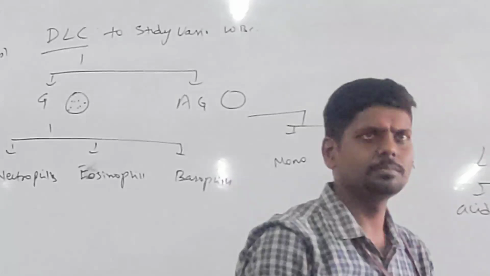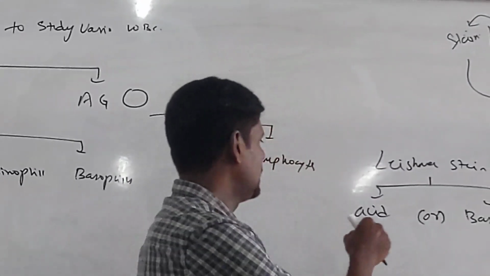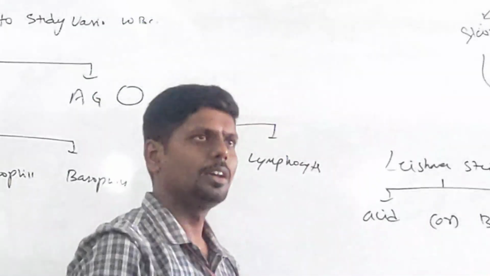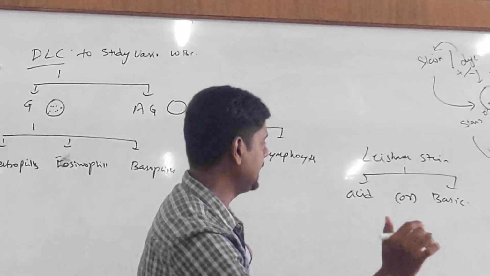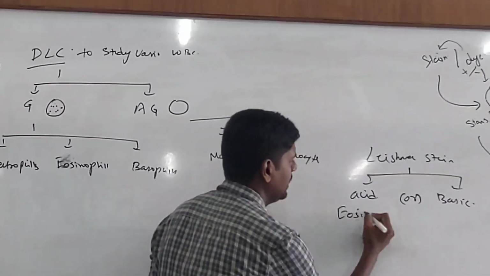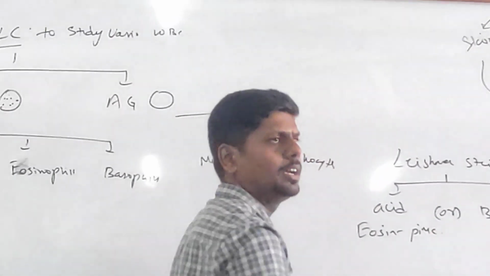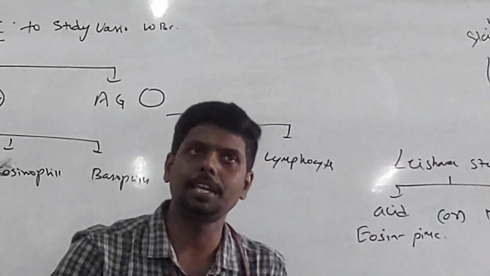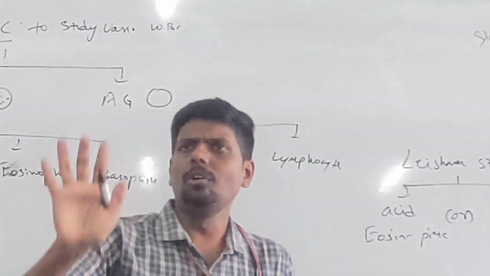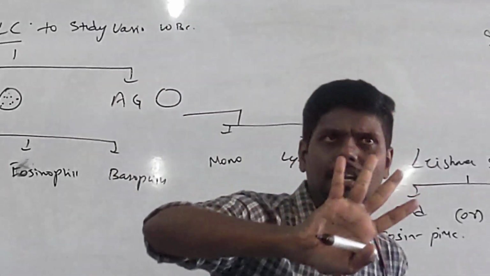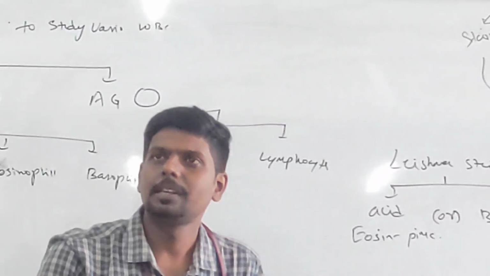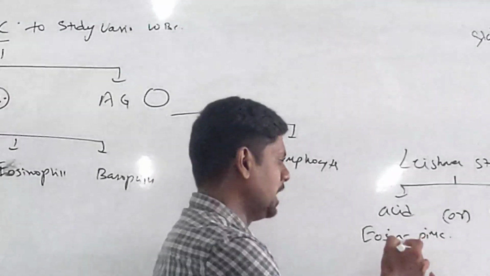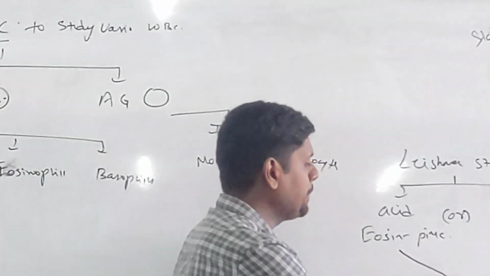Let us assume the acidic part. There is a dye in the acidic part called eosin. Eosin is a pink color component that is an acidic dye. Now you tell me logically, an acid will always react with a base. Am I correct? So this dye will bind to what part of the cell?